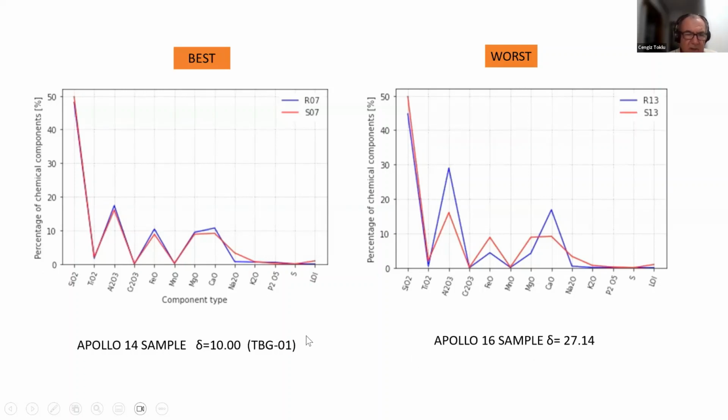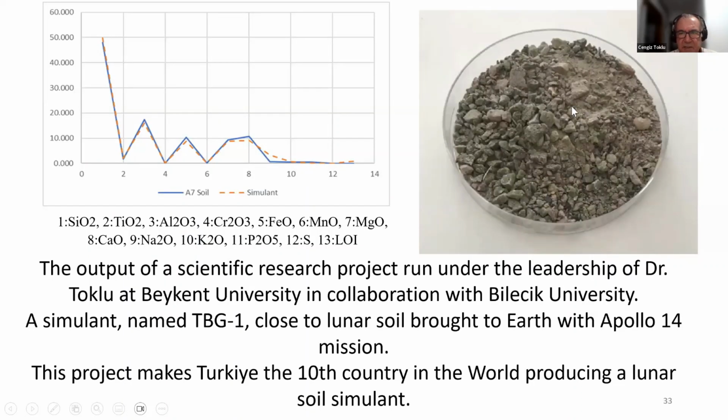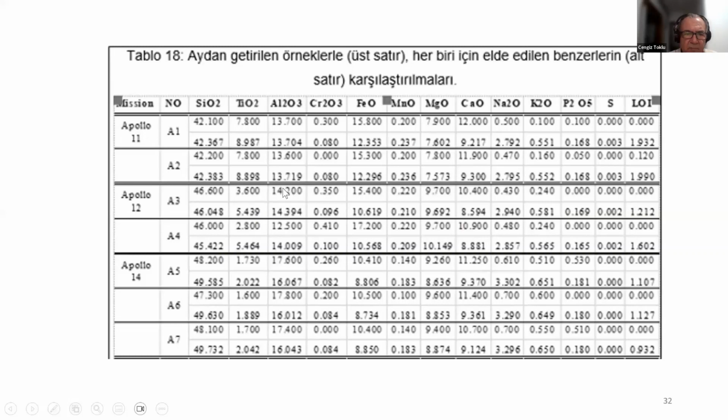This is the one that we have given the name TBG1, and which we are using in our further studies. So you see that this is the soil that we have obtained. And so if you want to compare, for example, looking at the last two lines, the last line is our simulant, and the one above it is the lunar soil.